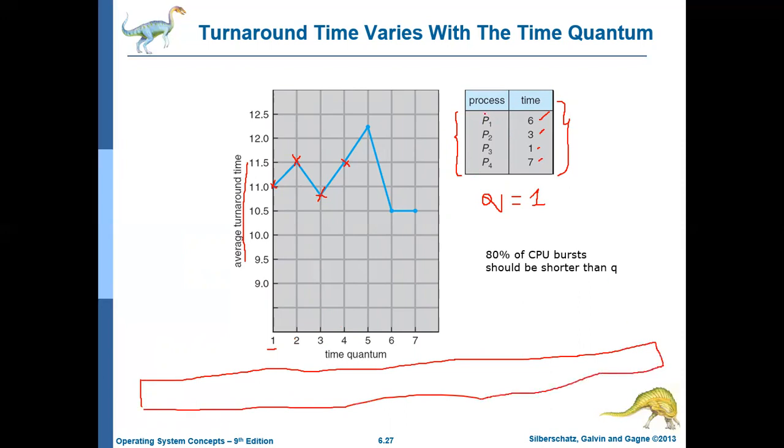So this is the order of the process. First there is P1, then P2, then P3, then P4, and each will get only 1 millisecond. So in the first round at the 0th millisecond, P1 will get 1 millisecond. Then P2 will get 1 millisecond. Then P3 will get 1 millisecond.